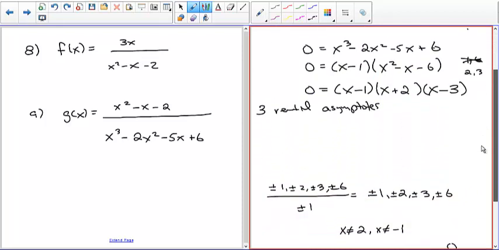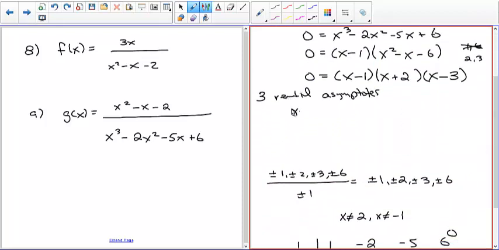So what we'd say is, x minus 1 equals 0, x plus 2 equals 0, x minus 3 equals 0. So we get x equals 1, x equals negative 2, x equals positive 3. So those are the equations for my vertical asymptotes.